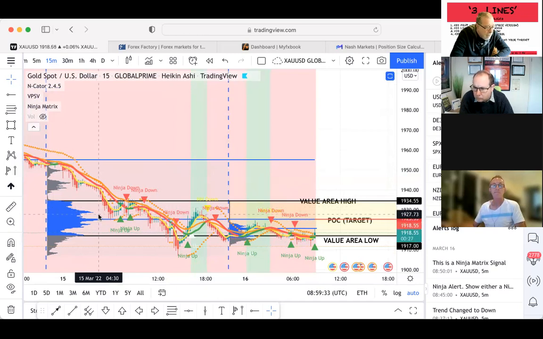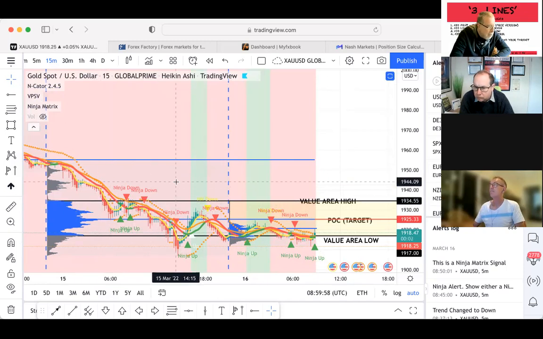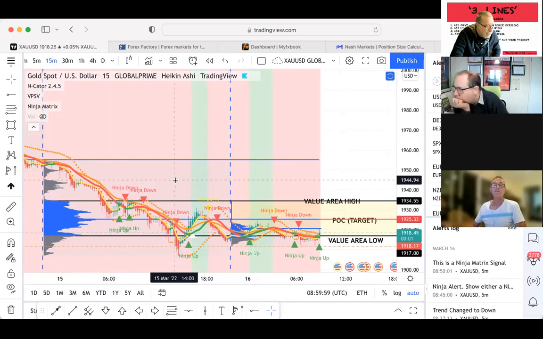Now, it may be that once price has reached that POC there, it may be attracted to go up to this second peak and pause there. So there's another potential target. It may stall there and then it may go on up to fill this, up to the edge. Now I'm looking at another interesting area.